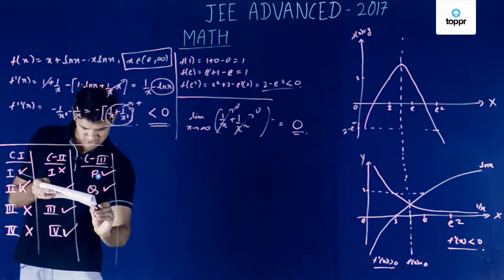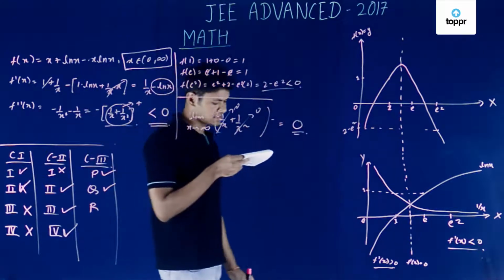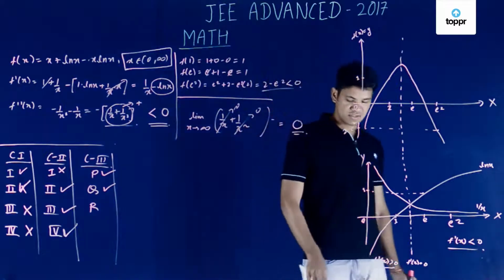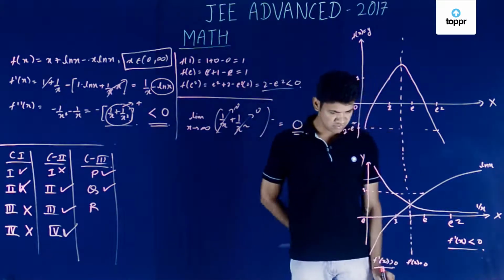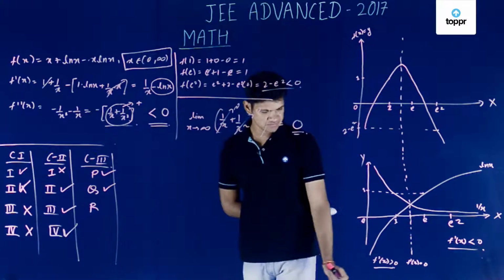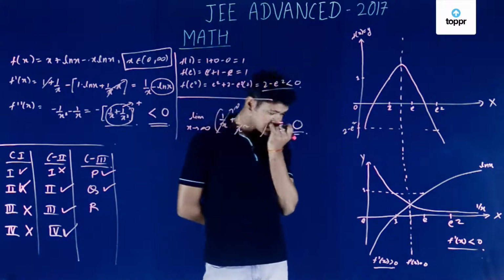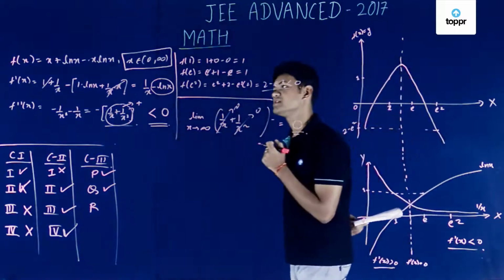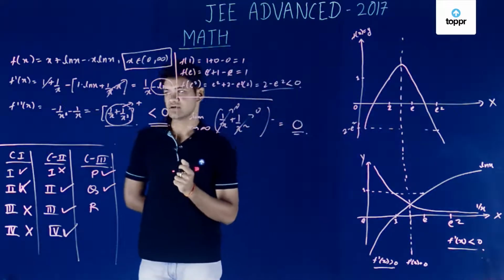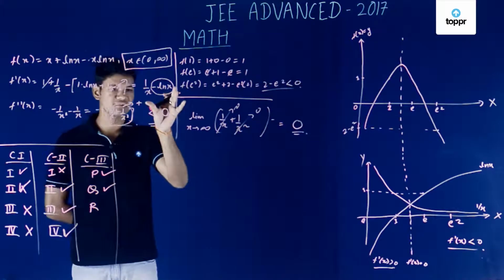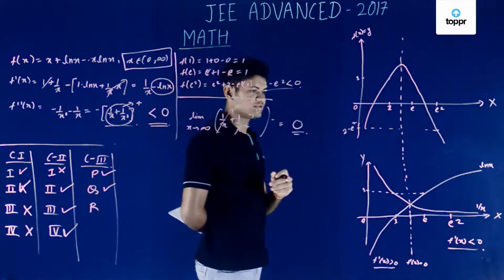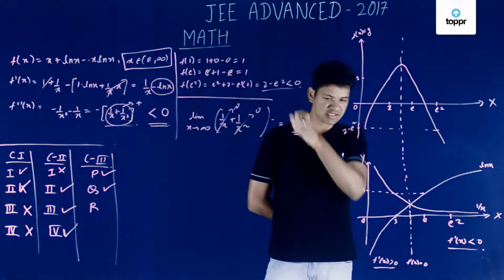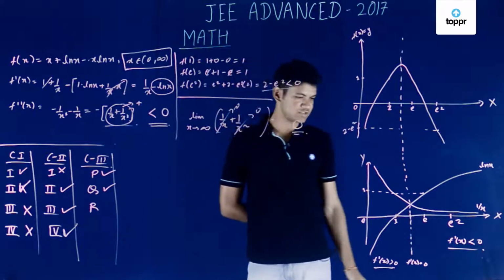Now option R says that f dash x is increasing in 0 to 1. Now for f dash x to be increasing, its derivative, which is f double dash x, has to be greater than 0, right? Now we've already seen that f double dash x is forever negative in this question. So this means that f dash x is forever decreasing in this question, right?